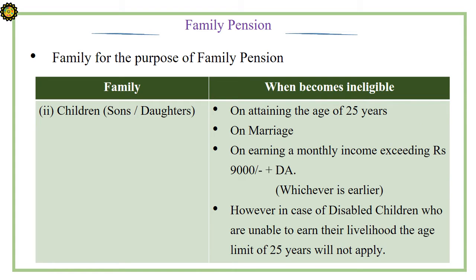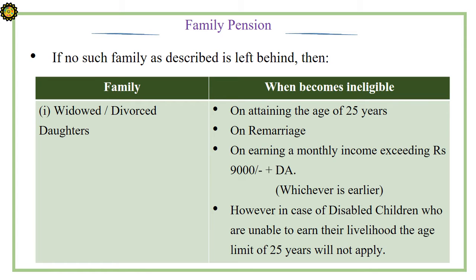Children, sons or daughters, when they become ineligible on attaining the age of 25 years or on marriage or on earning a monthly income exceeding rupees 9,000 plus DA, whichever is earlier. However, in case of disabled children who are unable to earn their livelihood, the age limit of 25 years will not apply.